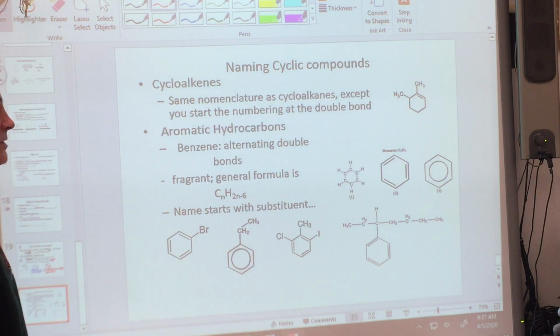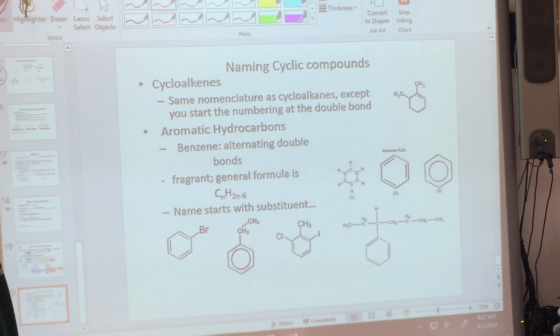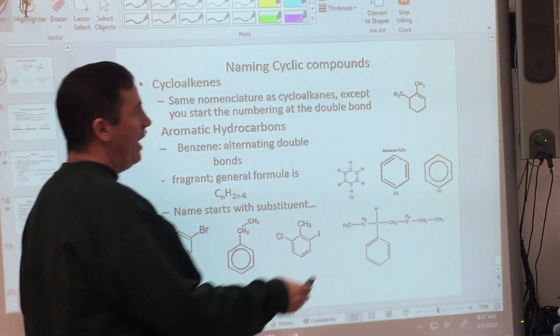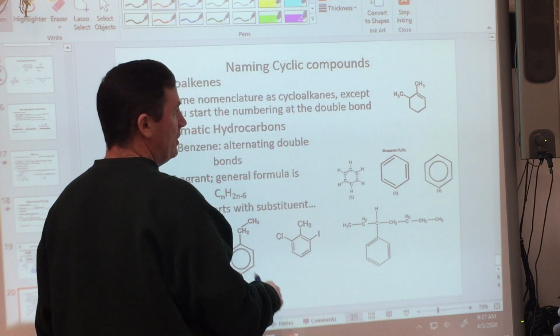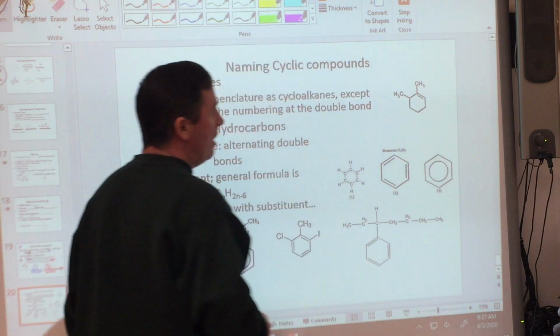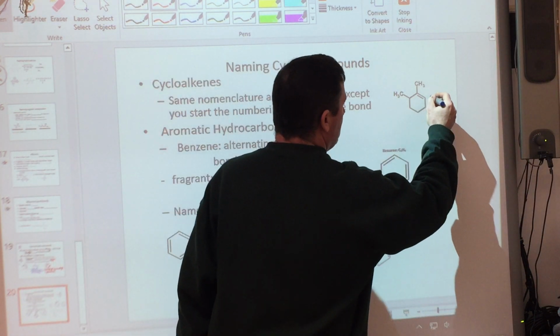cycloalkenes. It's the same nomenclature, except you start numbering at the double bond, just like you would in a chained alkene or alkyne. So in this case, wherever I have a double bond, except in these special situations down here, that's where my first carbon is.